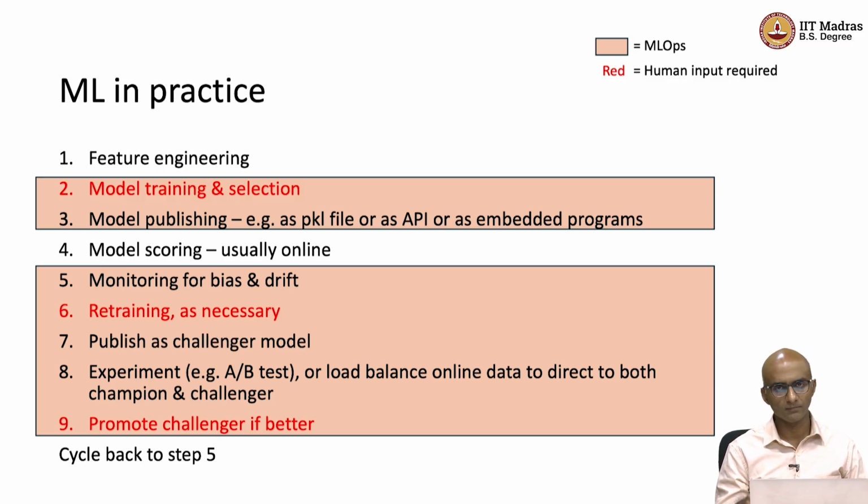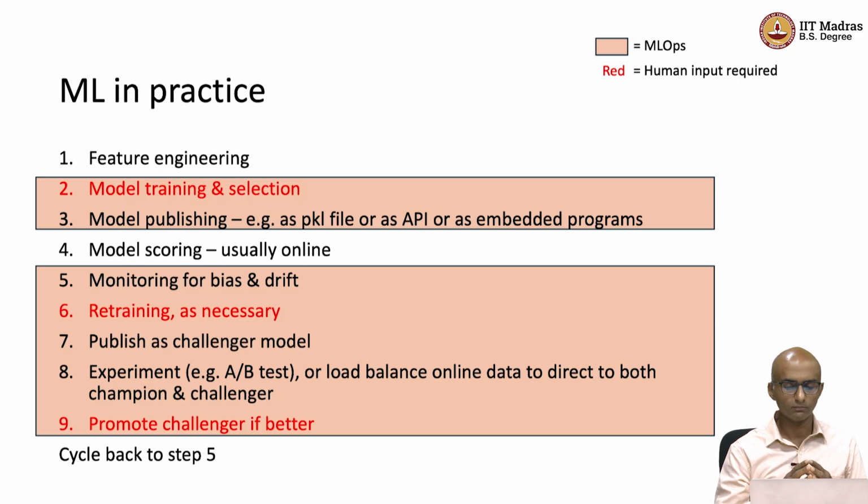Retrain as necessary. Then publish the model that you've finally chosen as the challenger model once these iterations of model training, selection up to retraining finishes. Finishes meaning satisfactorily as per some kind of a performance metric you might have. And then when the challenger model gets published, you start to experiment with both the challenger model and the champion model that's already running.